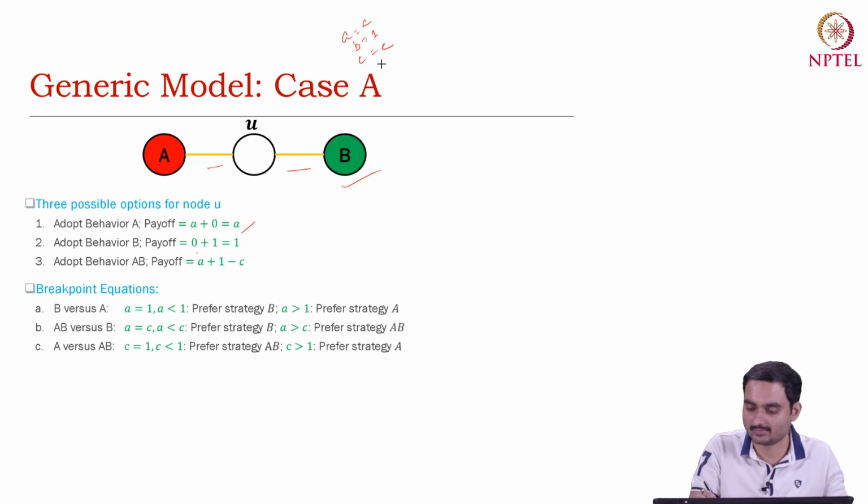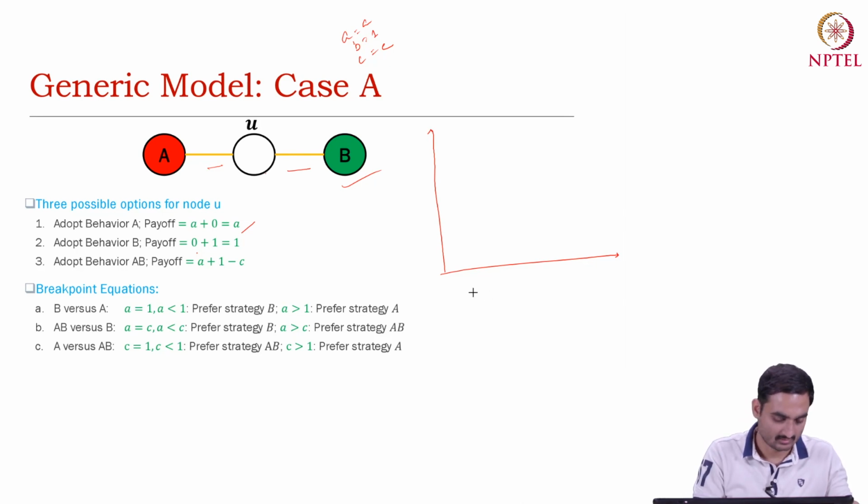What we will do is draw a state space diagram. This axis is A, this is C. Now let's look at the breakout points, or break even points. We will see a tie between strategy A and B if A equals 1.